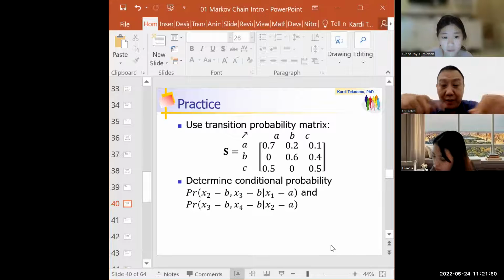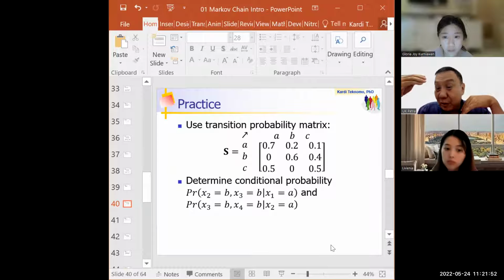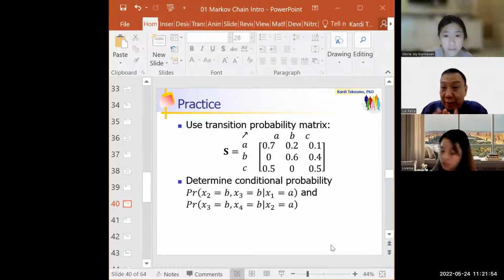Do you understand what this practice is about? This is X1 is A, meaning you are currently at A, and then you want to predict that tomorrow will be B, and then the next day will be B again.